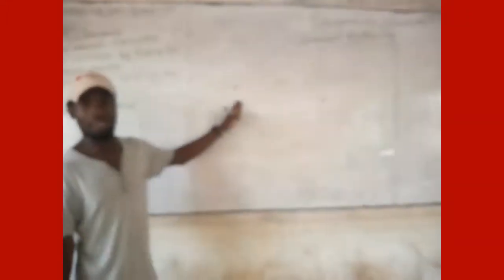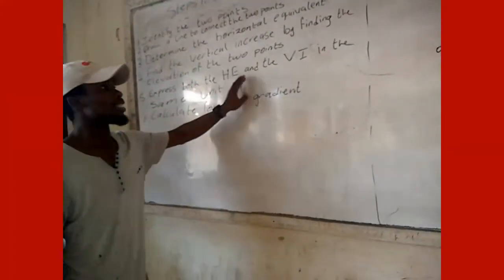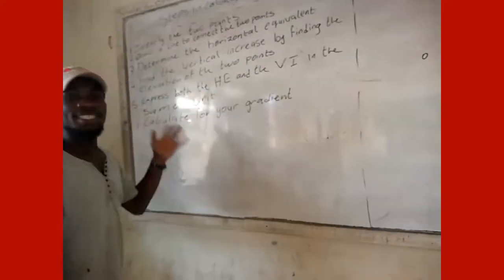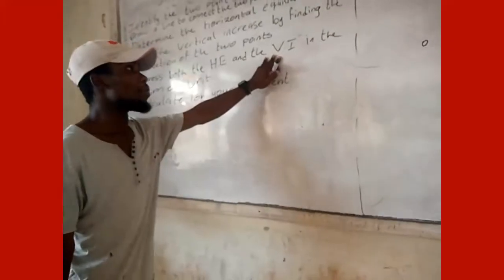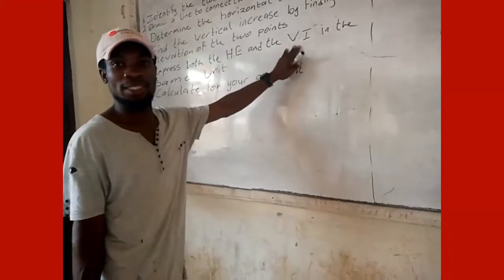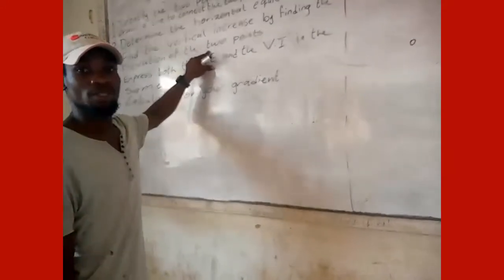That is, you find the height of point A and point B, and then subtract the smaller one from the bigger one. Then you express both the horizontal equivalent and the vertical increase in the same unit. Normally, on our topographical maps, the vertical increase will be in feet, and the horizontal equivalent will be in meters or centimeters.